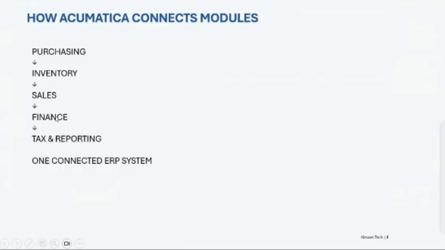After being sold, it gets into the finance area, where we manage the income, cash inflow, general ledger, and so on. Then we come up with tax and reporting platforms. These are done under one connected ERP, not disintegrated or disoriented areas. It is just one system handling these.